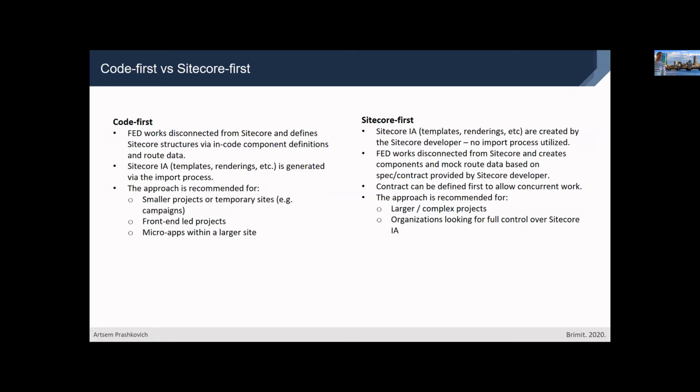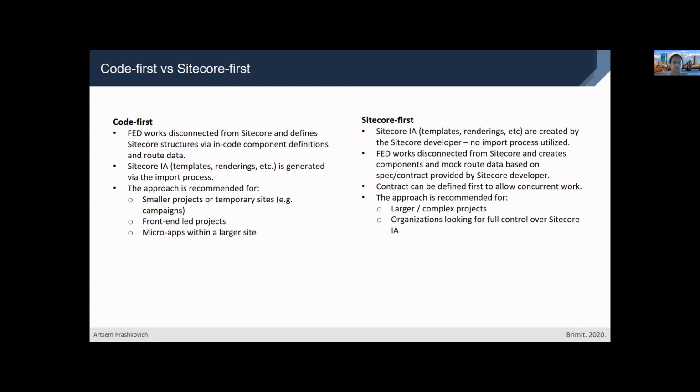And in case of using the Sitecore first approach, Sitecore information architecture is created by the Sitecore developer. No import process is initialized in this case. Front-end developers work disconnected from Sitecore and create components and mock route data based on the specification or contract provided by the Sitecore developer. And the contract can be defined first to allow concurrent work.